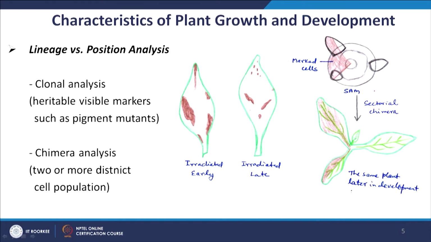And if you look at the plants which are coming from this meristem, you can clearly see that some regions of these plants which are coming from these cells are the marked ones. Using these two experiments, you can actually trace out the lineage of a particular cell.